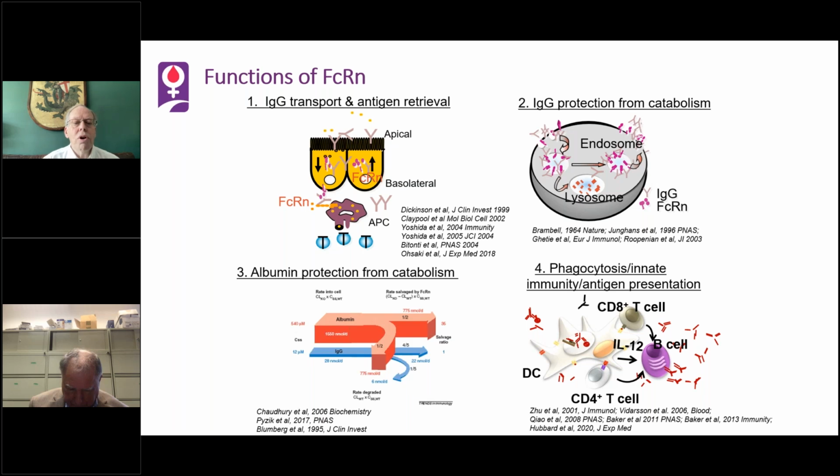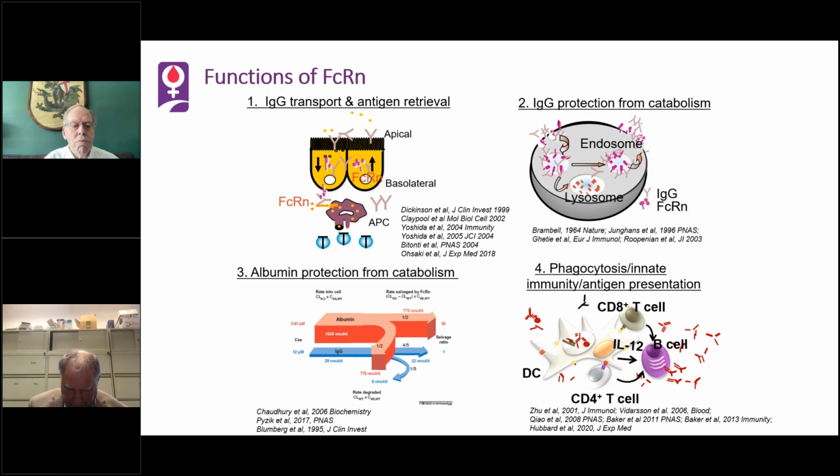So FcRn has multiple functions. The first one is IgG transport and antigen retrieval, but primarily transport across cell membranes from the apical to the basolateral. And this is based on charge. This is better described in the second function, which is to protect IgG from catabolism.